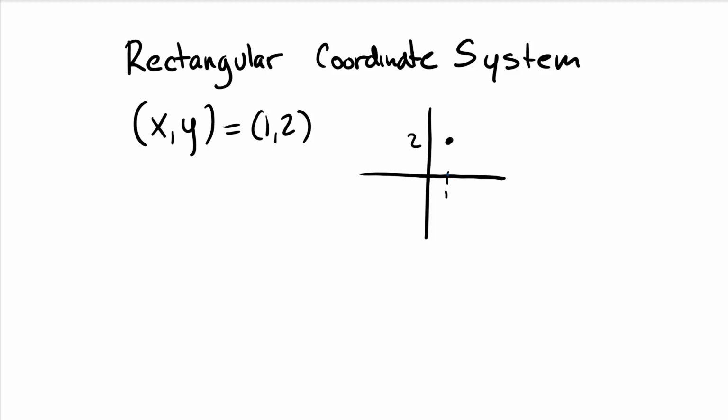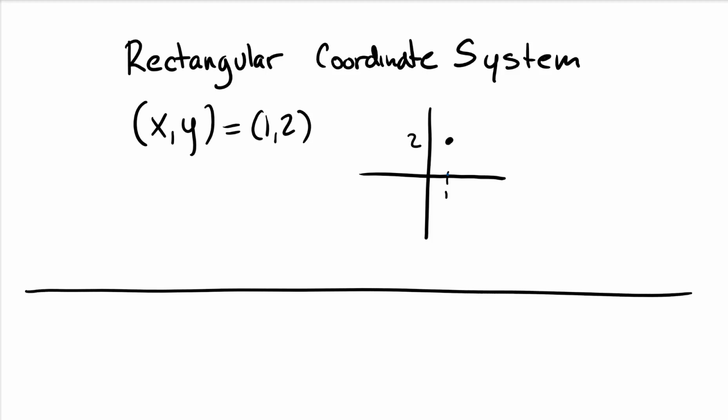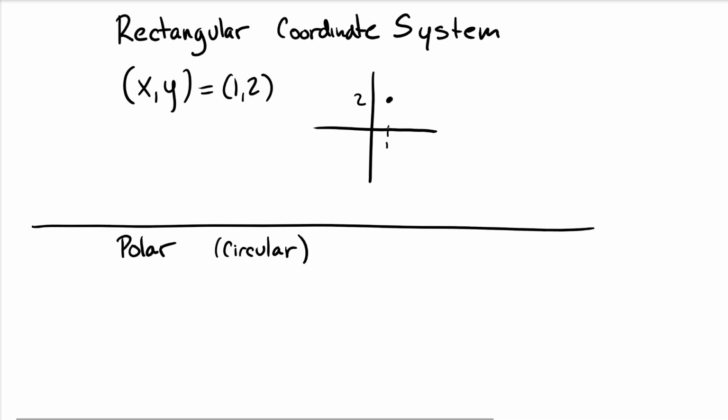But now we're going to move into a new sort of points, which is the polar coordinate system. Or we can think of it as circular. We're going to have a new coordinate system, and there's going to be much more that pops up.